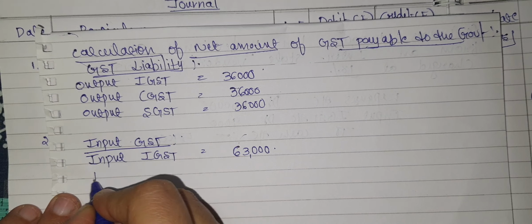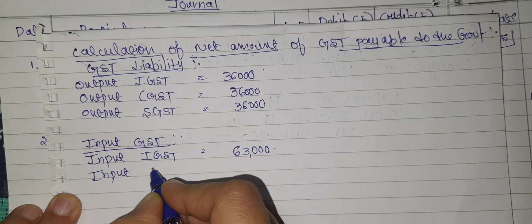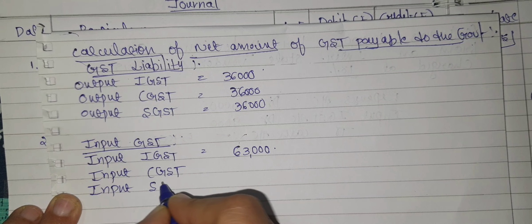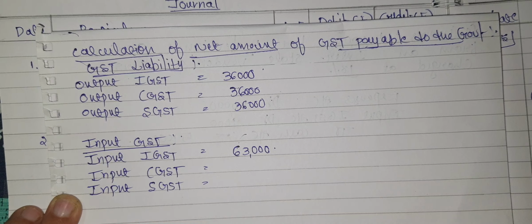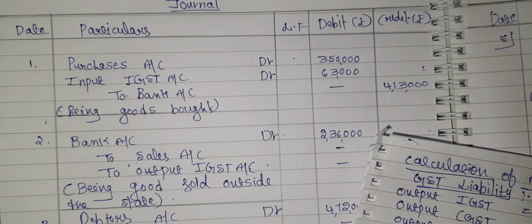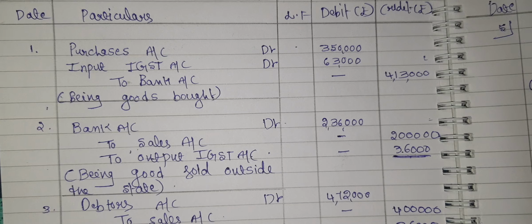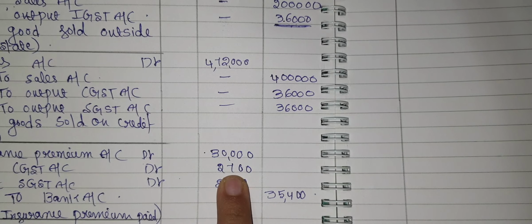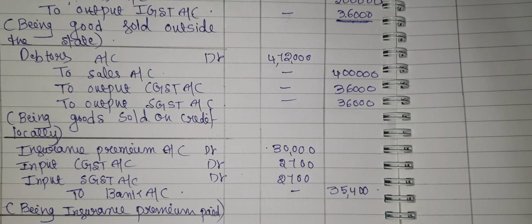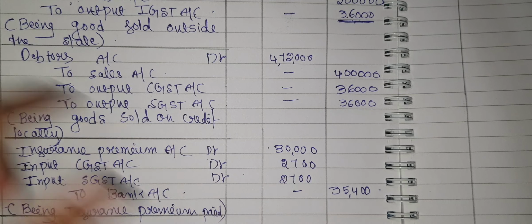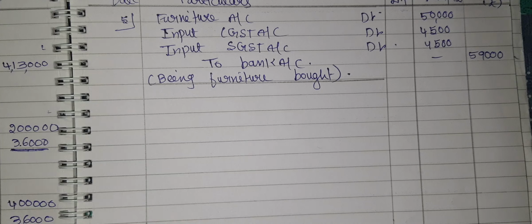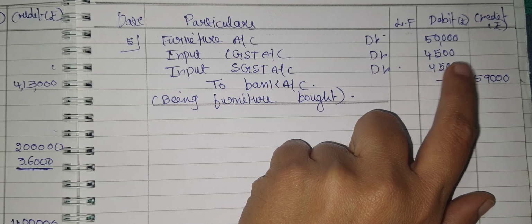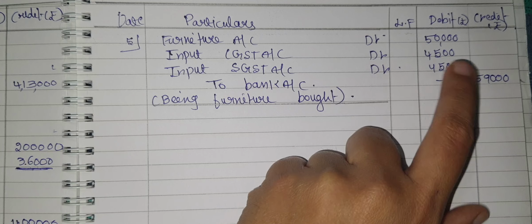And input CGST and input SGST: input CGST is rupees 2,700 under insurance premium, and here for the furniture bought, input CGST and SGST is rupees 4,500.